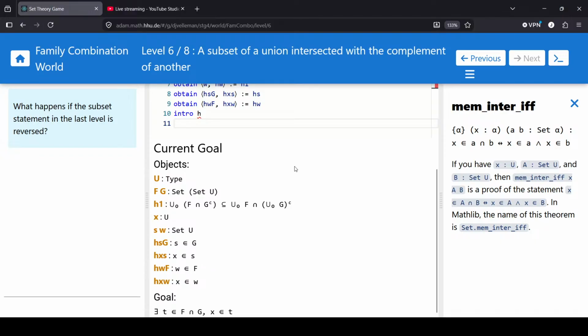Or do I need to work backwards from the goal? That's what I'm not sure of. The problem with working backwards from the goal is that it's just really difficult.